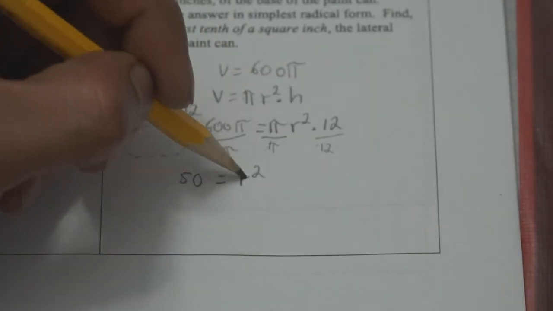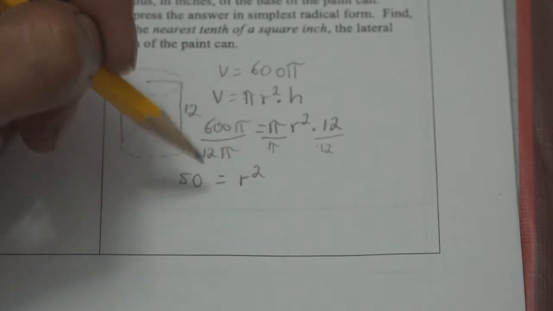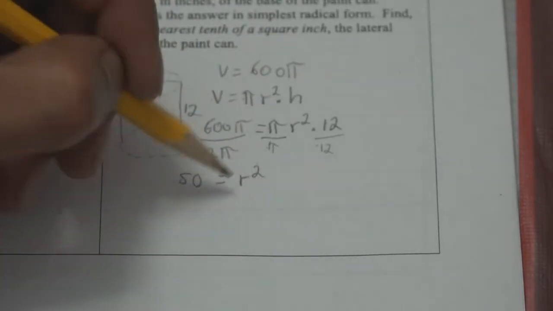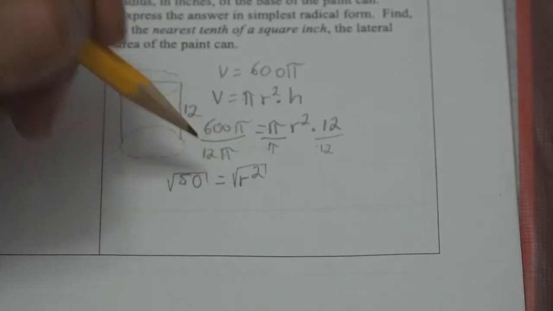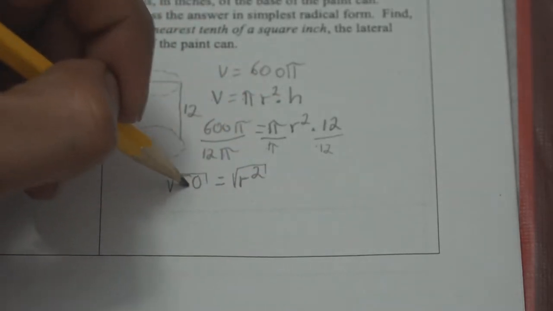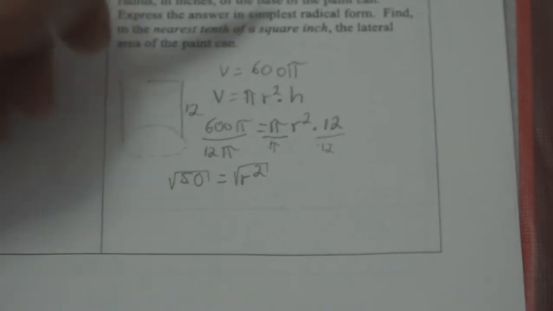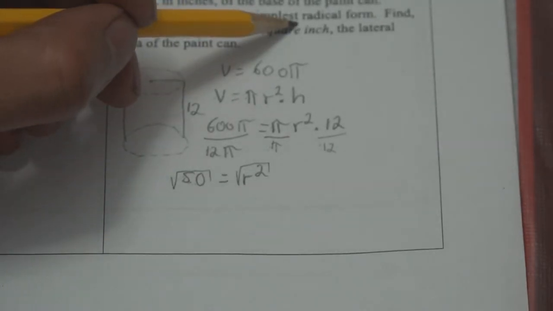I don't want radius squared. They are asking me for the measure of the radius. So let's undo the operation squaring by taking the square root. I want to leave this in radical form, because it says simplest radical form.